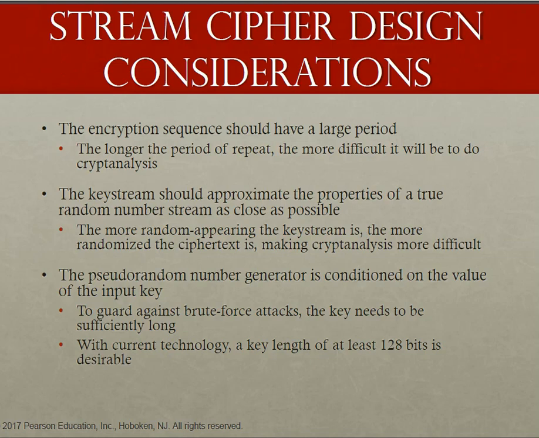To guard against a brute force attack, the key needs to be sufficiently long. The same considerations as apply for block ciphers are valid here. So with current technology, a key length of at least 128 bits, as we discussed just now, is desirable.